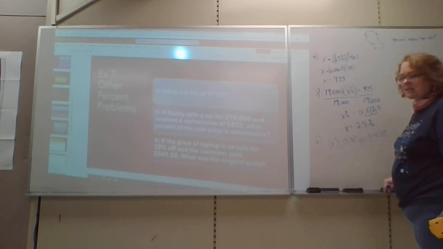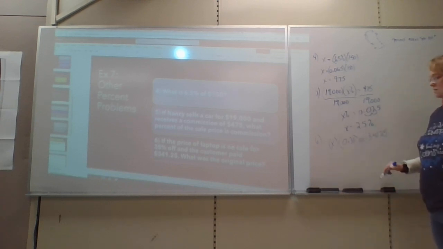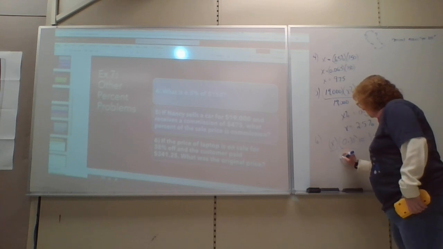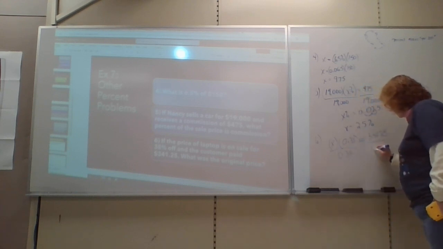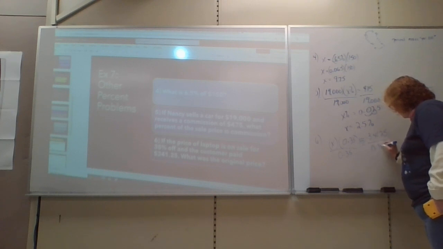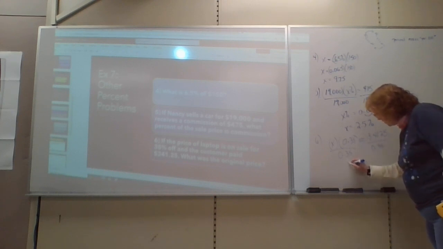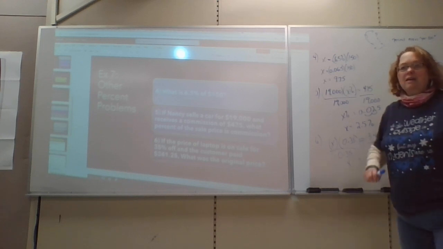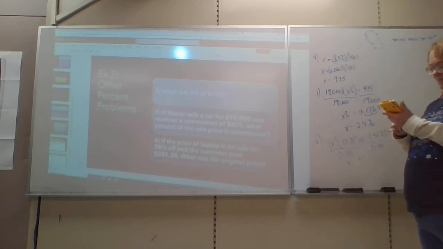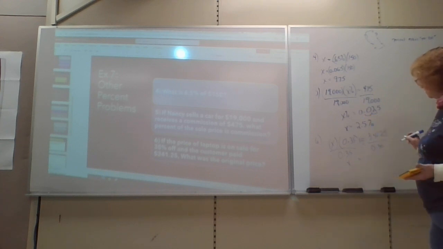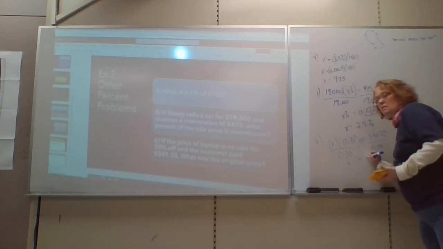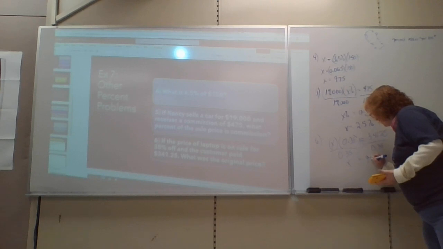So we need to get X by itself, so what do we need to do? Divide by 0.35, both sides. When you do one side, you must do the other side. You hear an algebra teacher say that all the time, which is me. $341.25 divided by 0.35, and you get 975.